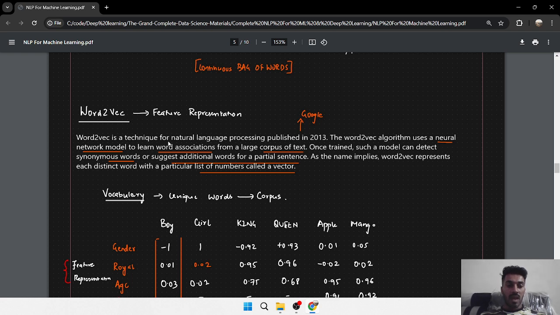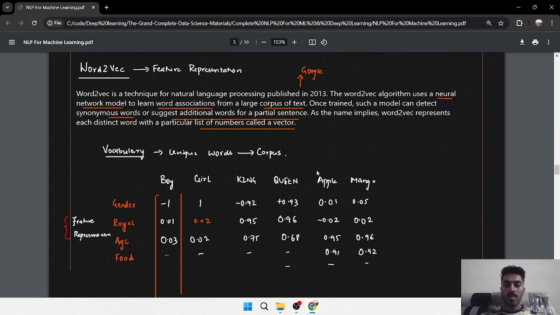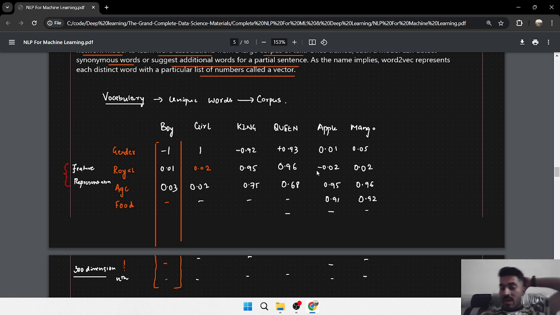Word2Vec is a technique for natural language processing published in 2013. Basically, it was launched by Google in 2013. The Word2Vec algorithm uses a neural network model to learn word associations from a large corpus of text. Once trained, such a model can detect synonyms and suggest words. Basically, if we train a model on word embedding, this model is very good.